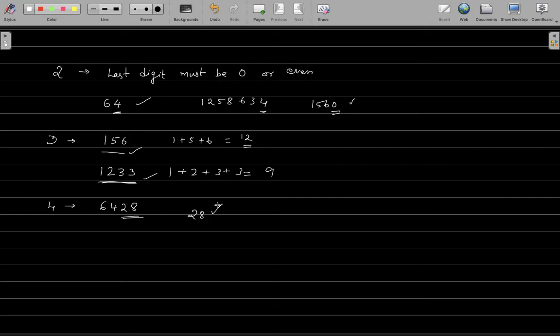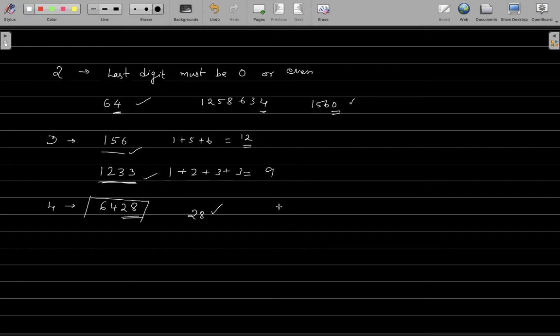Yes, because 4 times 7 is 28. So because 28 is divisible by 4, you say that the whole number, that is 6428, is divisible by 4. That is, when you are dividing this number by 4, you get a 0 remainder with a whole number as quotient.